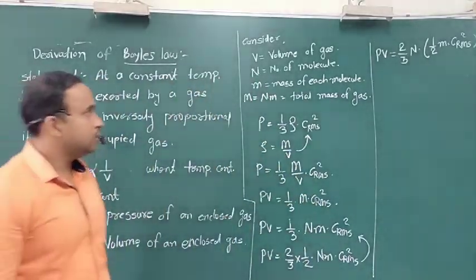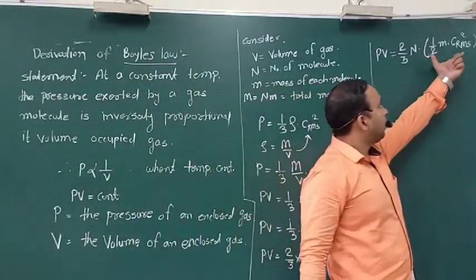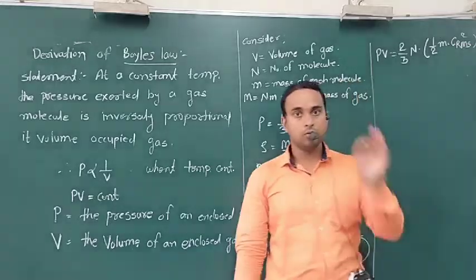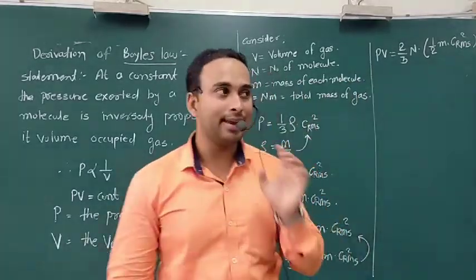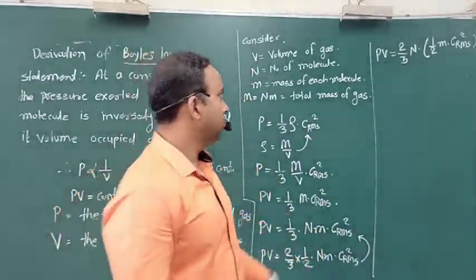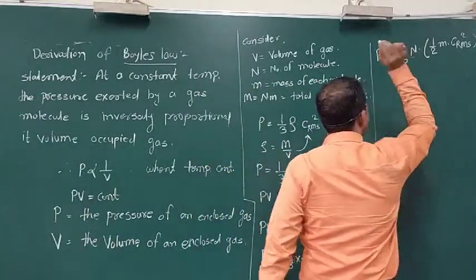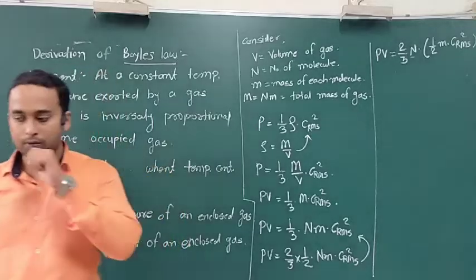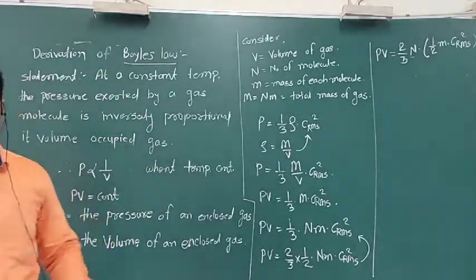Okay. So see here, PV is equal to 2 by 3 into N into 1 by 2 into m into C RMS square. Now see here, half m v square is the formula for kinetic energy. N is the number of molecules, this term is constant.